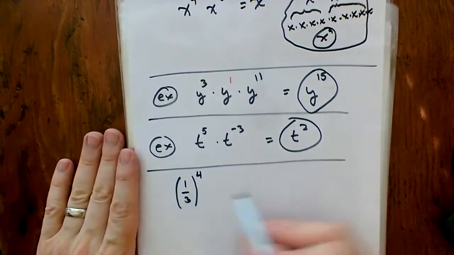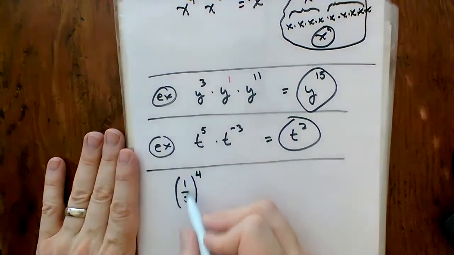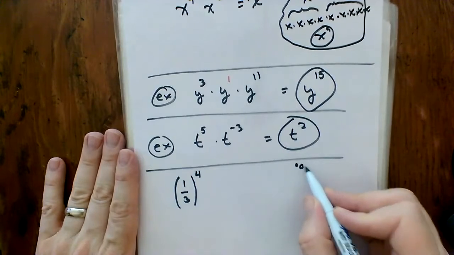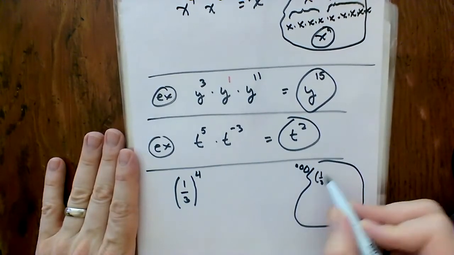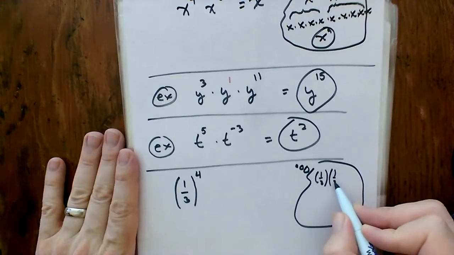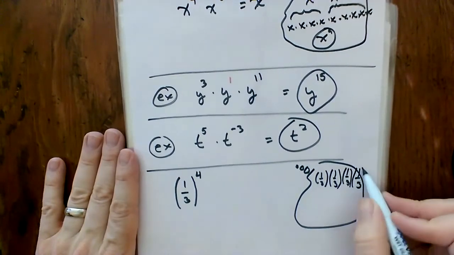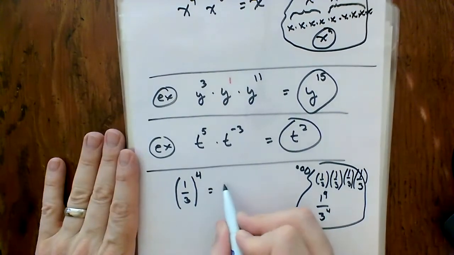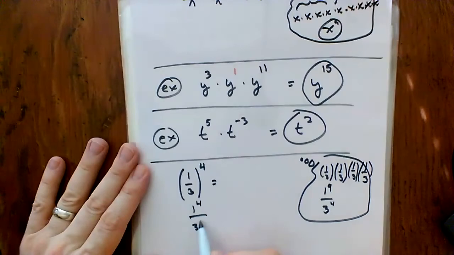Now this is interesting because this exponent is going to apply to all of the terms inside here. So this is essentially, and I'm going to do a little thought bubble over here, 1/3 times 1/3 times 1/3 times 1/3. So this is like 1 to the 4th over 3 to the 4th.